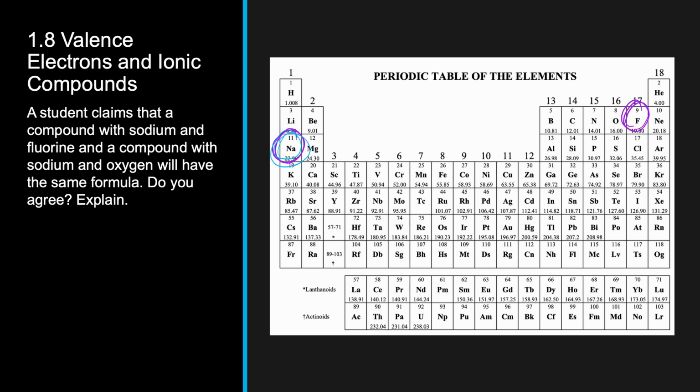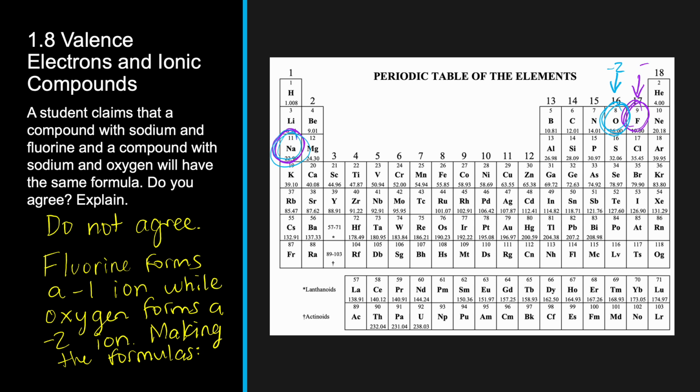Same cation, different anion. Oxygen forms a -2 ion and fluorine forms a -1 ion. Just based off that fact, we know that these formulas are going to be different, so we do not agree with the student.